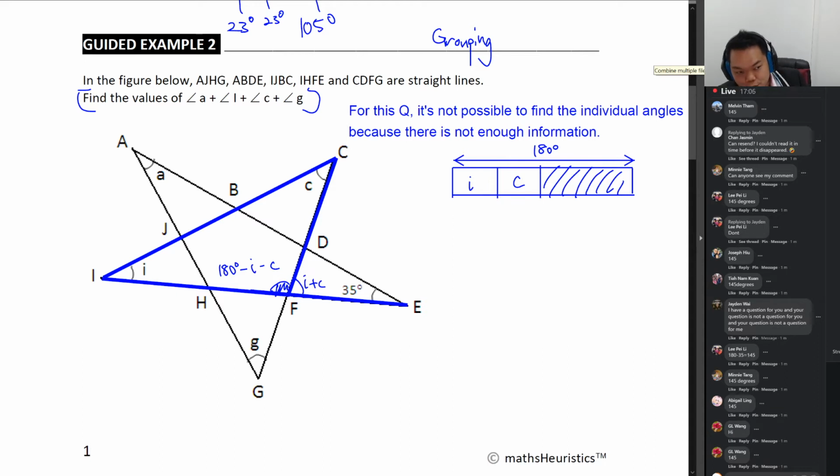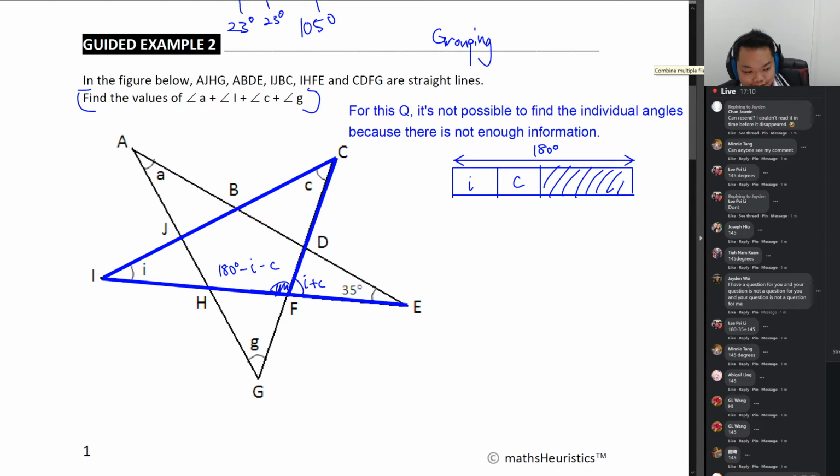Those of you who got 145 degrees, how did you get it? Because you all remember this theory already, is it? So, okay, once we've established that, the next thing that we can do is to look at this line over here. This triangle over here.